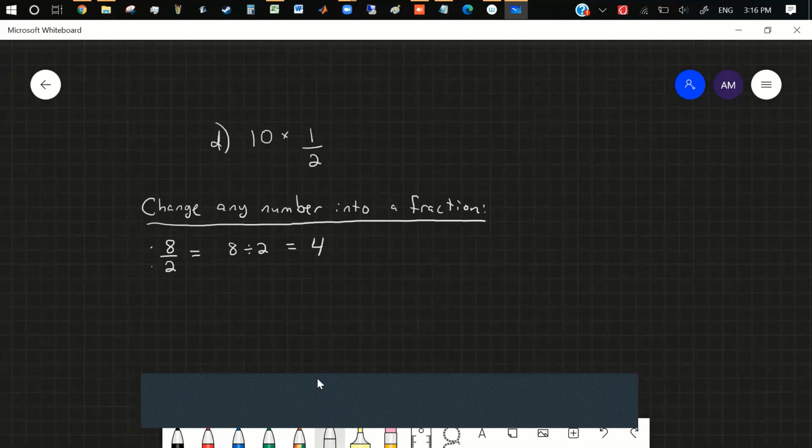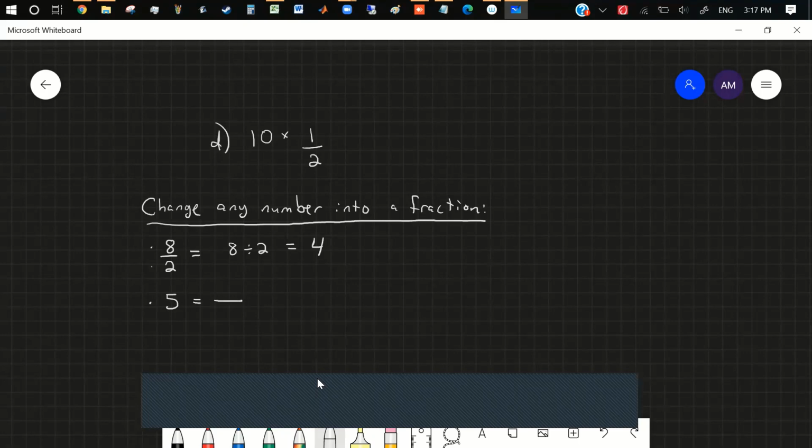So the question then would be, how do we take any number, such as 5, and turn it into a fraction? We have to think of some number up here and some number down here, that when we divide the top number by the bottom number, we get 5.